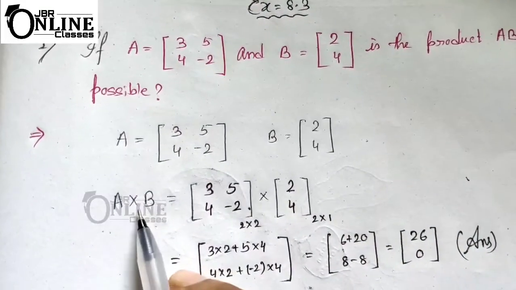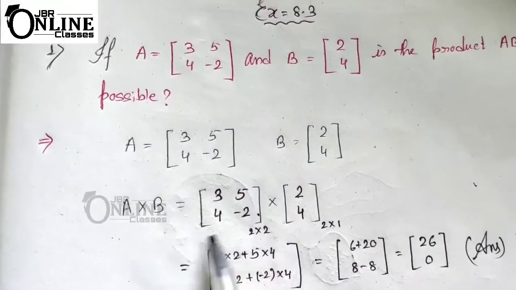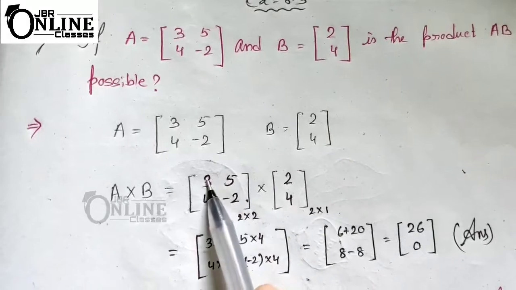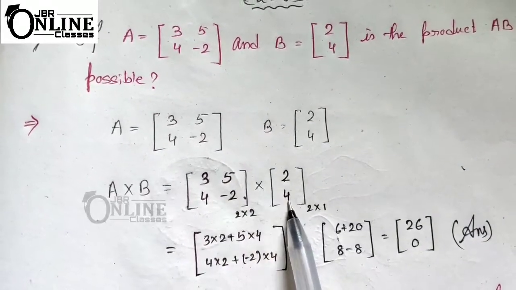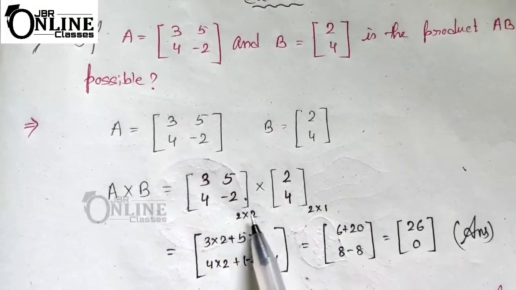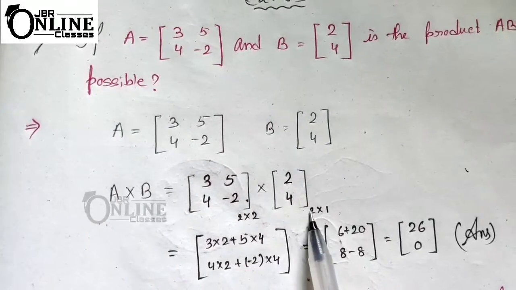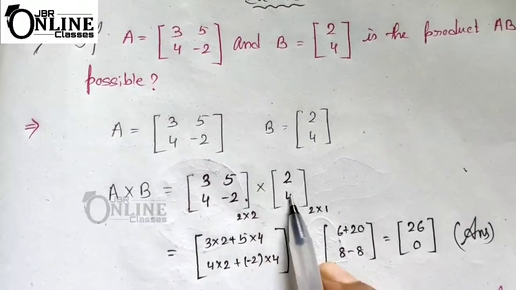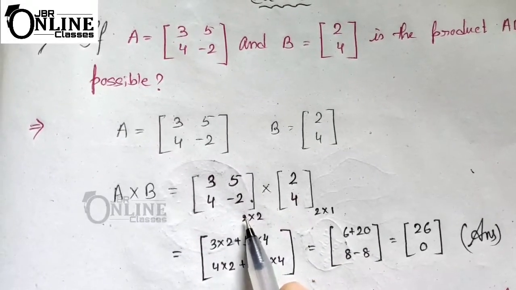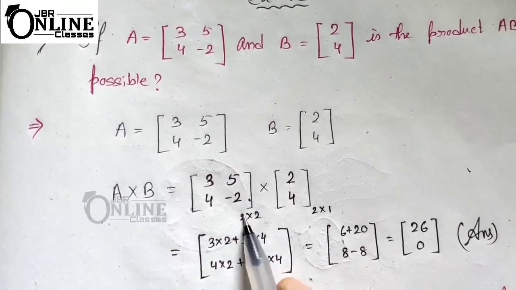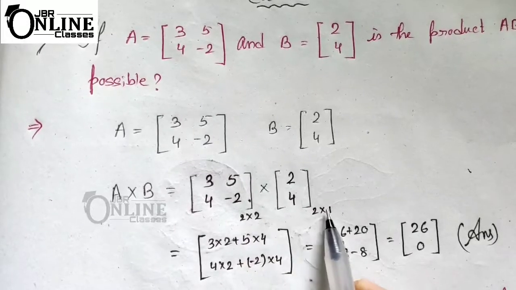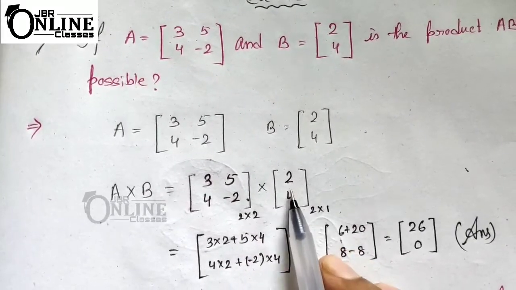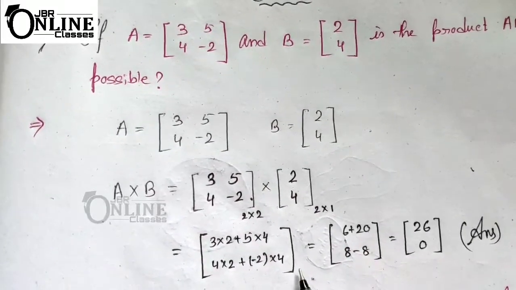Now you have to multiply A and B matrix. First write down A matrix into B matrix, then write down the row and column. The formula is: whenever you multiply two matrices, always remember the row of the first matrix and the column of the second matrix will be counted for the final answer.